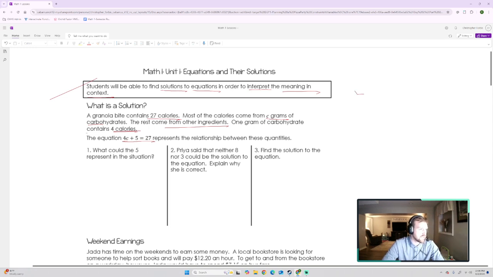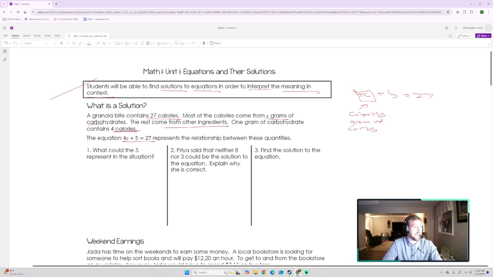Alright, let's break this down. We got 4c plus 5 equals 27. Well, the 4c, what does the 4c represent? Well, remember, c is the grams and 4 is the calories, so this is telling us how many calories for each gram of carbs.